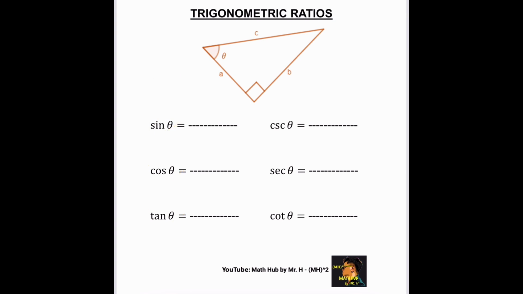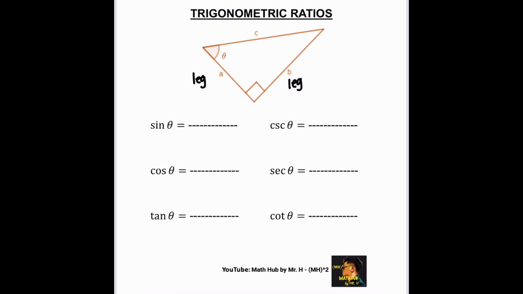We have here a right angle triangle on top. So each side is labeled A, B and C. A and B are what we call the legs. And the side that's labeled C is always the longest side, which is opposite the right angle.